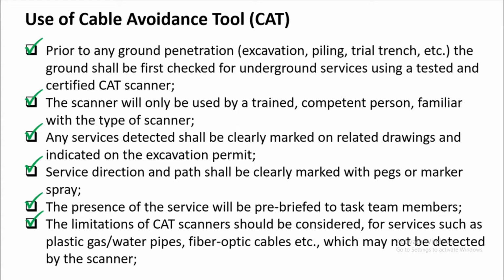For example, fiber optic cable is very costly, but it cannot be detected by a CAT scanner. So always check the limitations of your CAT scanner. It is always better to conduct a trial trench by carefully digging the ground, even if you have already scanned the area.